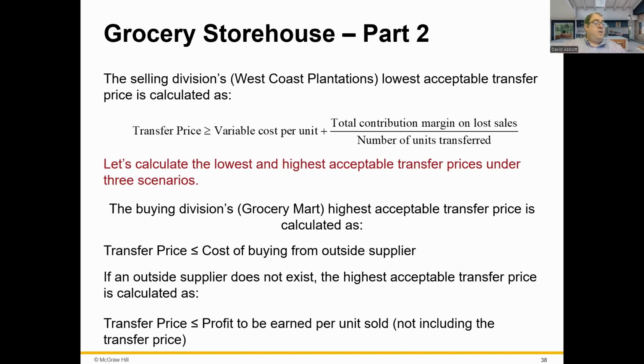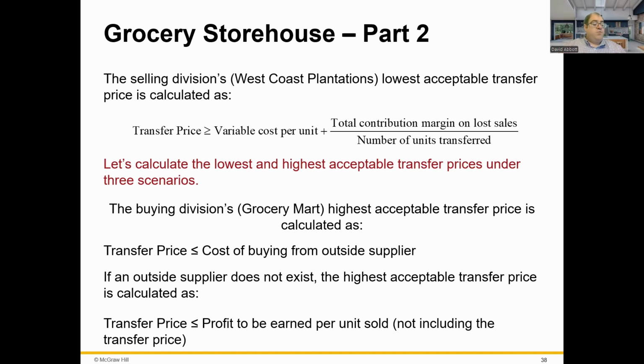If WCP had significant idle capacity, or 3,000 crates, to satisfy the demand of 1,000 crates without sacrificing sales to their other customers, then the lowest and highest transfer prices would be computed as follows.